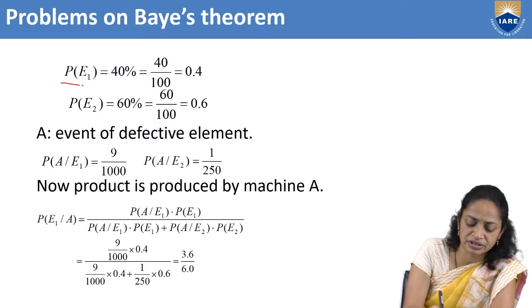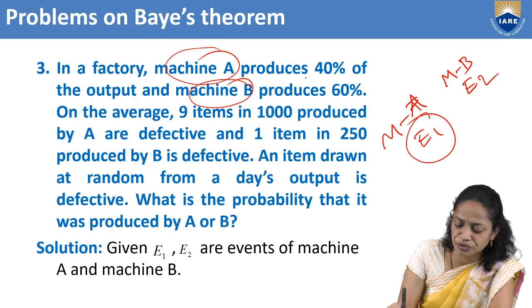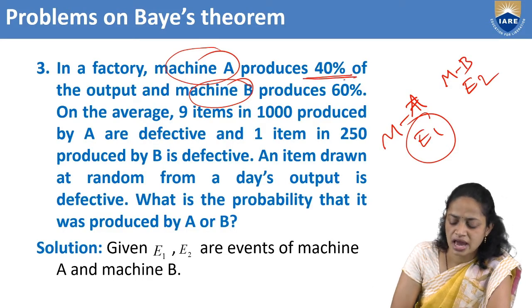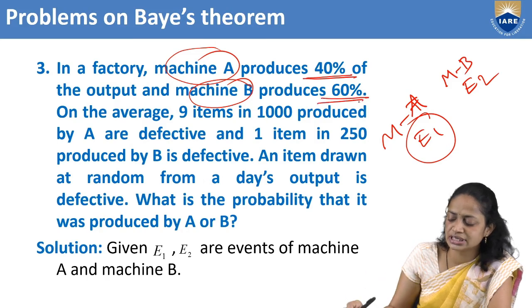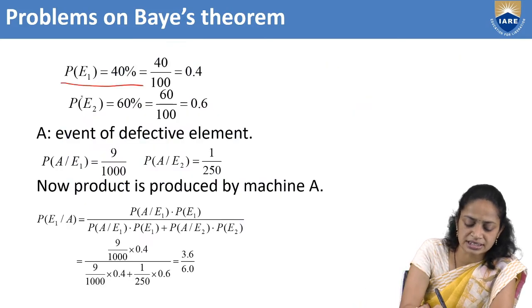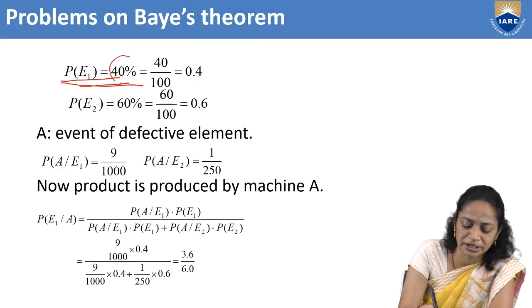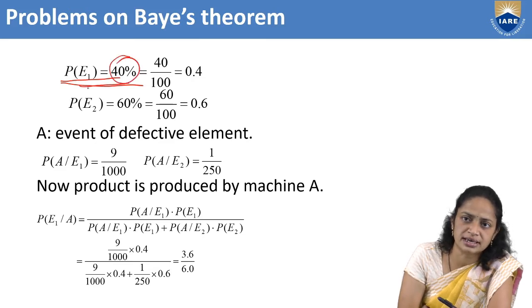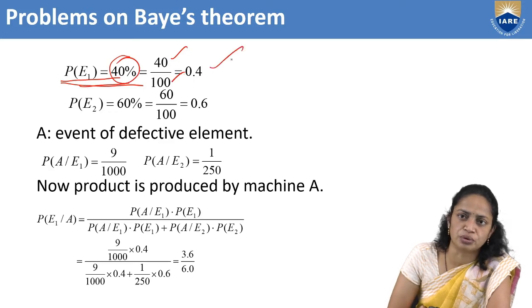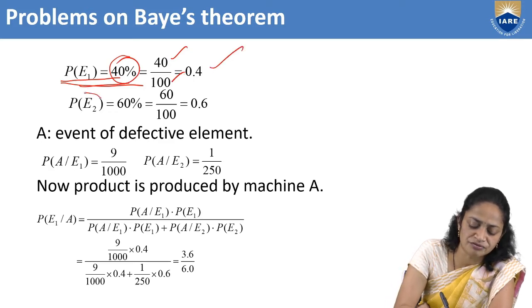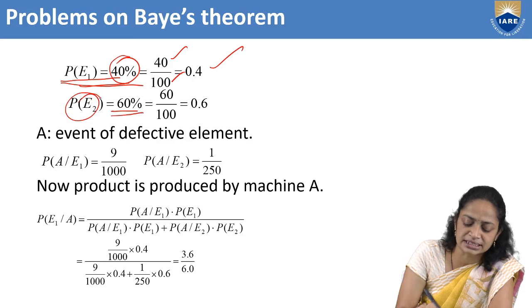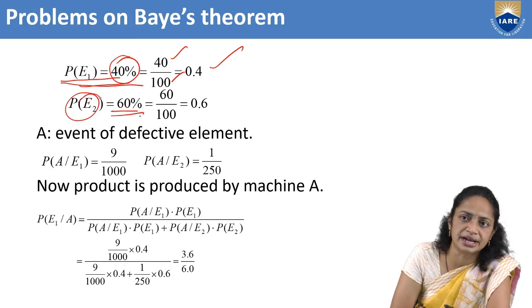Probability of E1: machine A produces 40% and machine B produces 60%. So, probability of E1 equals 40%, which means 40 by 100, that is equal to 0.4. Like that, probability of E2 equals 60%, that means 60 by 100, that is equal to 0.6.